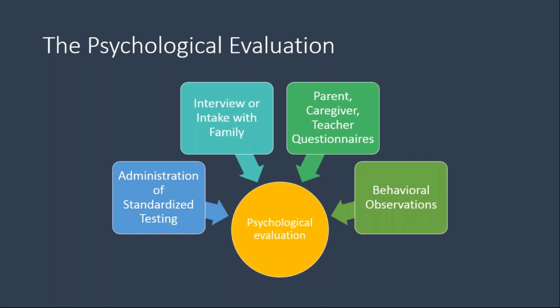That's going to give us information about the level of functioning that's going to help us to make some decisions. But it's also going to involve talking with the family, talking with the individual, talking with their parents or other caregivers who are spending a lot of time with that person.